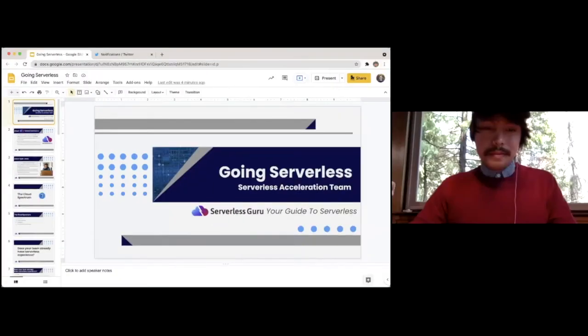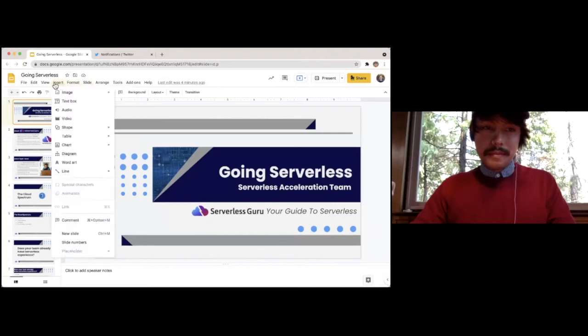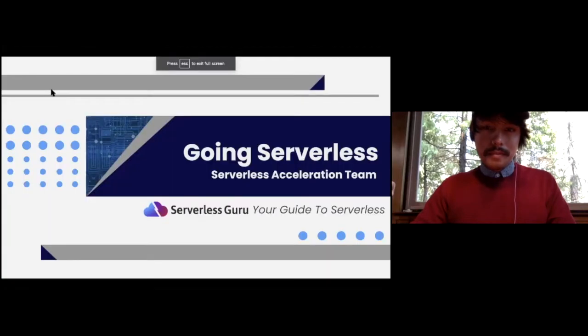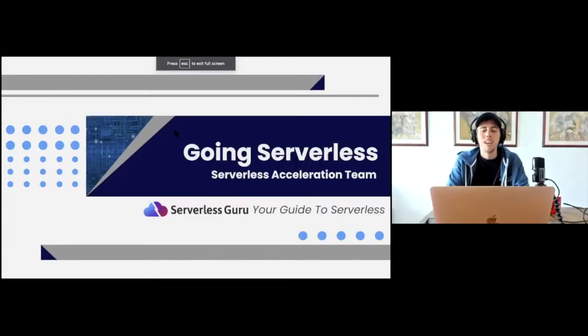All right, well, getting into the second talk today, we're going to be talking about going serverless. So let me open that up here. Okay. So getting into the core of this talk, as you can see underneath the title there, going serverless, serverless acceleration team.